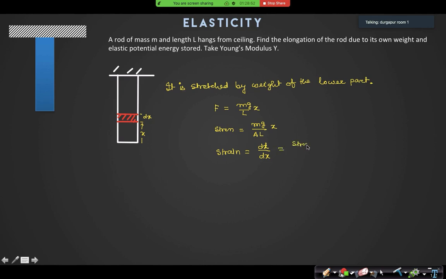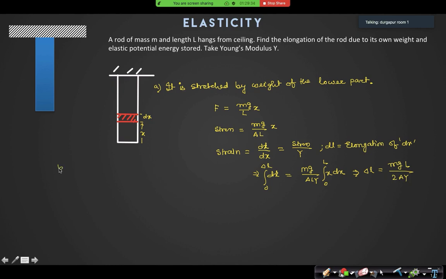That is stress by Y. So dl is equal to mg by A L Y into x dx, with x from 0 to L. If you integrate, you will find that delta L is equal to mgL by 2AY.